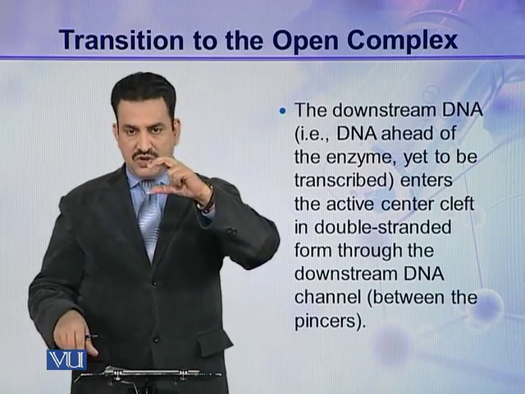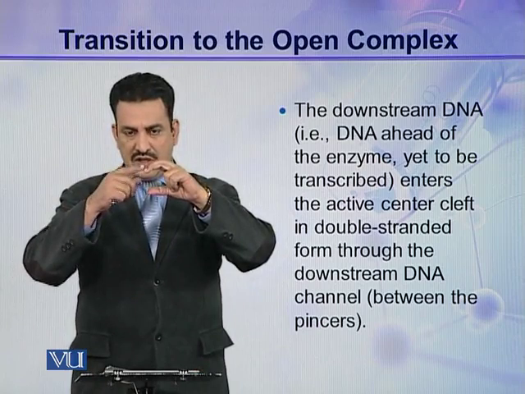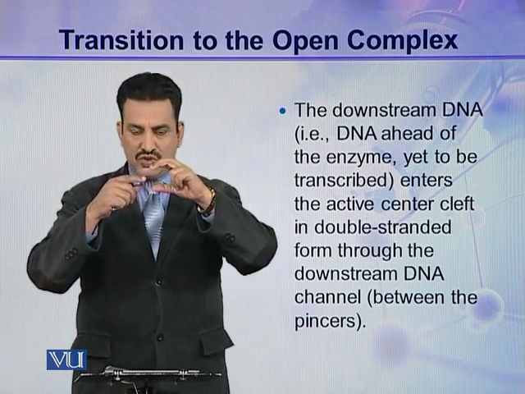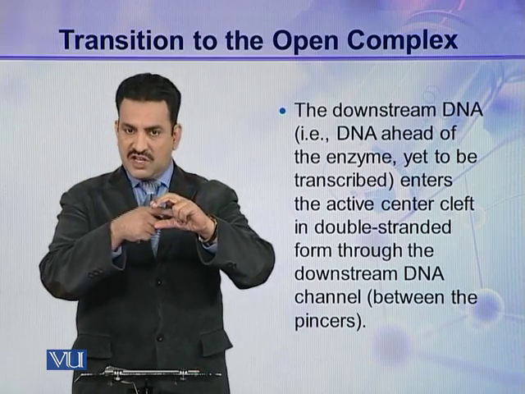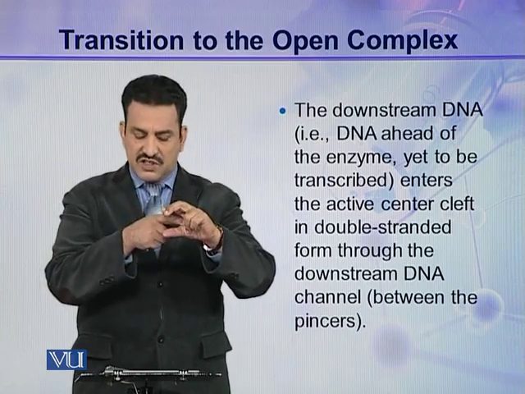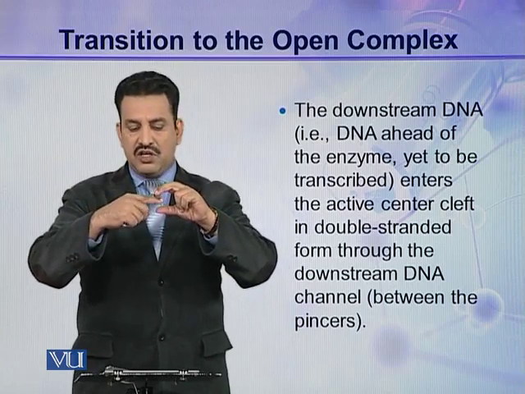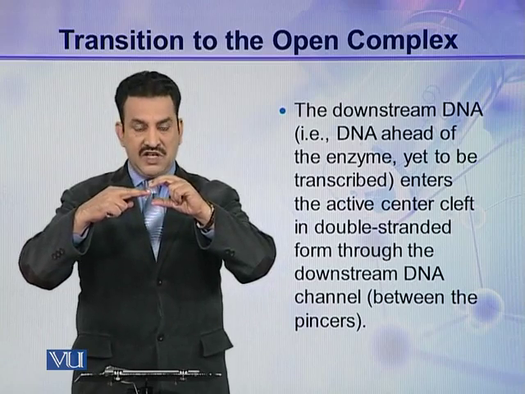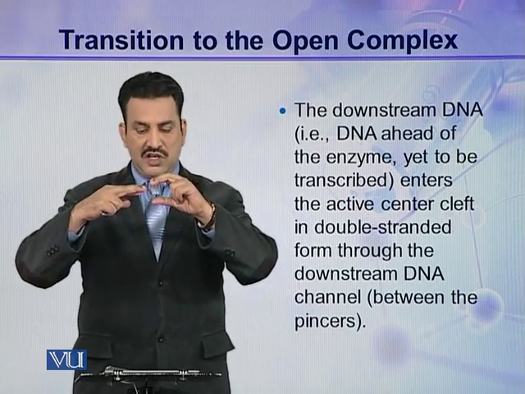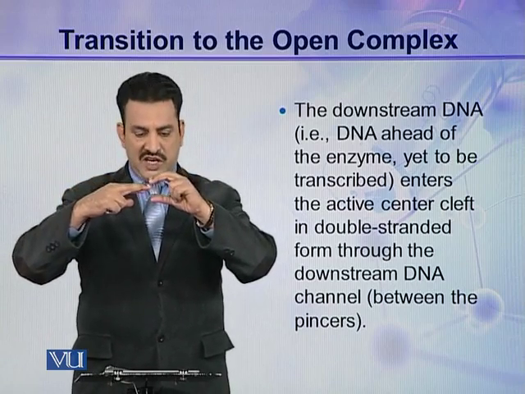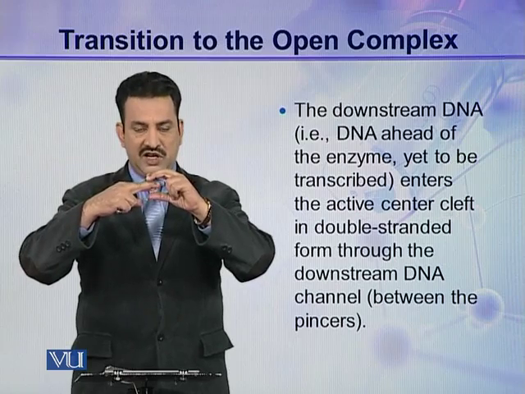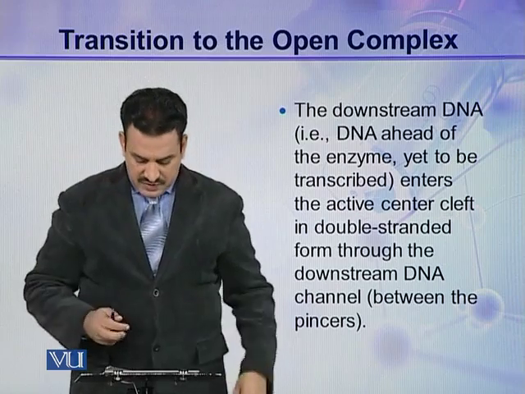So there are 2 pincers, and in between these 2 pincers, here in this cleft, is the active center cleft. And here is the DNA entry channel, and DNA in double strand enters from here, and this channel lies between the 2 pincers.